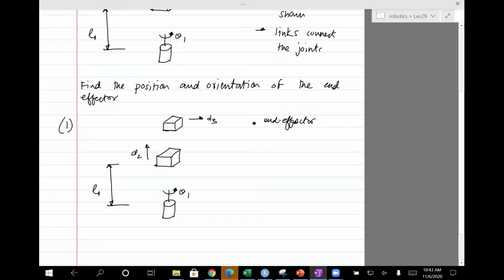There are three joints, so we need to assign 3 axes. The first one is going to be along theta 1, so Z0. The second one is going to be along D2, so it's Z1. And the third one is going to be along D3, so it's Z2. And we are done because there are 3 joints.